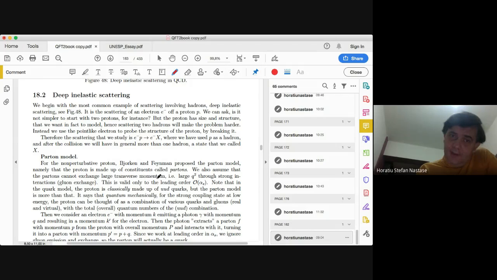They cannot exchange large transverse momentum through these strong interactions, gauge interactions, or gluon exchange. And this statement for the parton model is valid only at the leading order in the coupling alpha S. We'll see next lecture that that is not true at the next level, the second order.